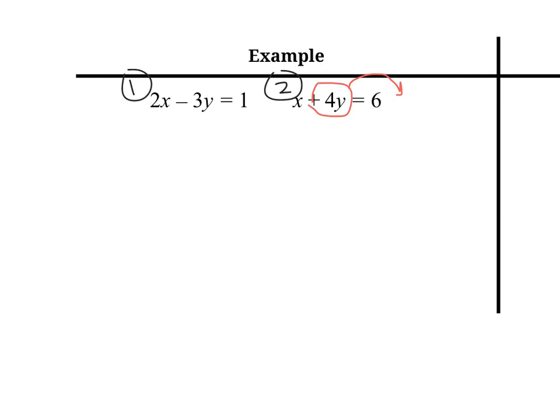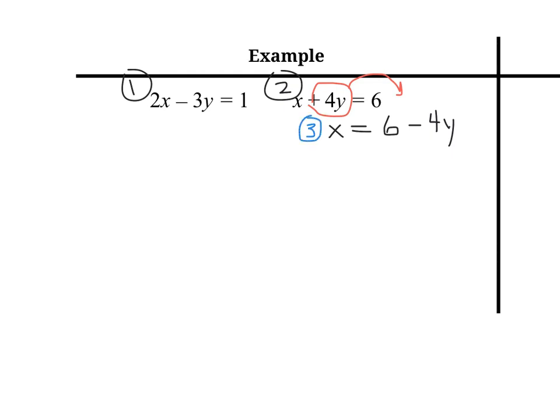It doesn't want to be anywhere near the letter x. So if I move that positive 4y over, that's going to leave me with x is equal to 6 minus 4y. So now I've created another equation where x is completely isolated. So I'm actually going to call this equation number 3.